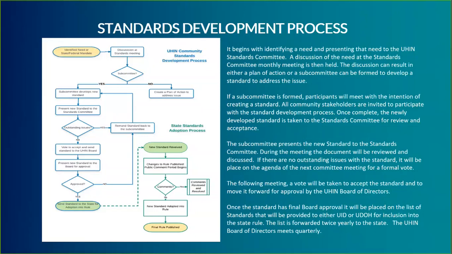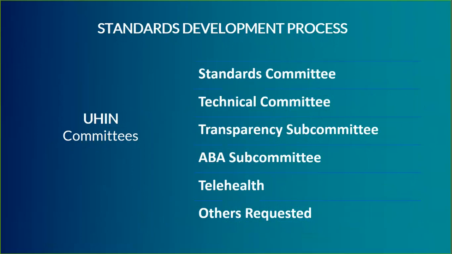So just like X12, we have committees here. We have our standards committee, which, as I mentioned before, gets its authority from the UHIN Board of Directors. We have a technical committee, which was also created by the Board of Directors. And then this year we had 3 specific committees.